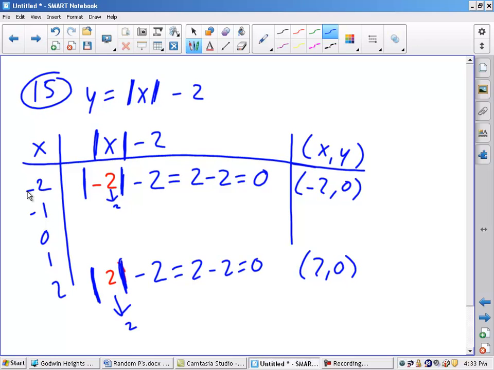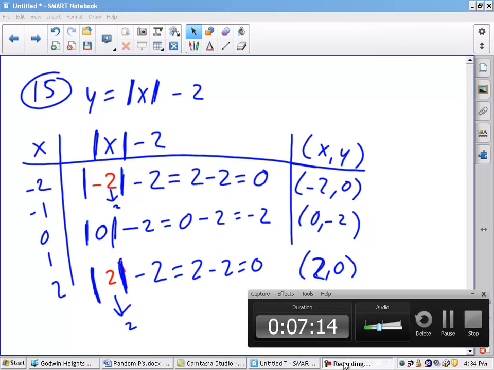So just be careful when you're doing this, that you make sure you do the absolute value to be a positive value. So for instance, 0 happens to already be a positive value. I could do 0 minus 2, and that's going to give me negative 2. So 0 comma negative 2. And you can fill in the negative 1 and the 1 as well. And then it will form a V on your graph.